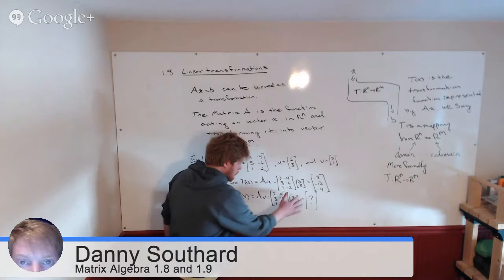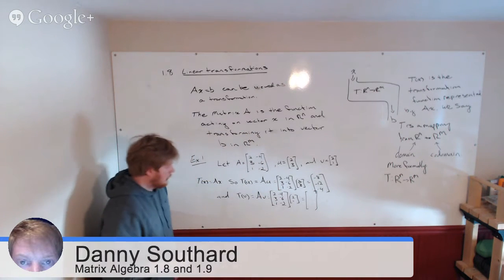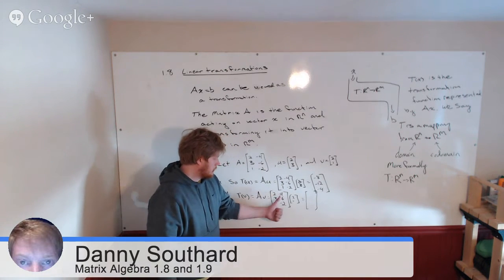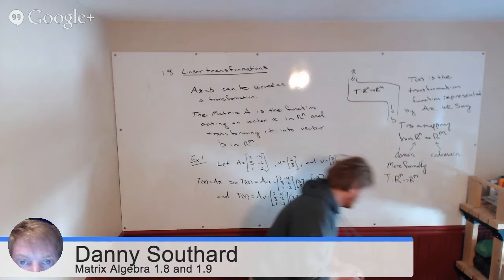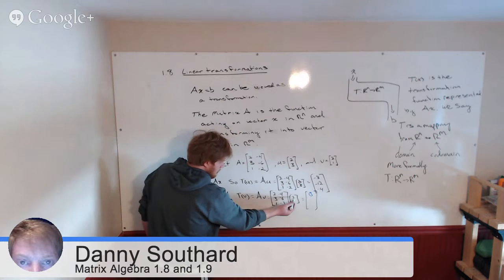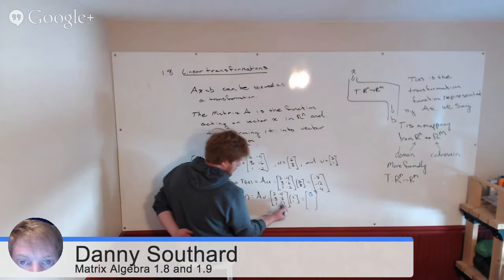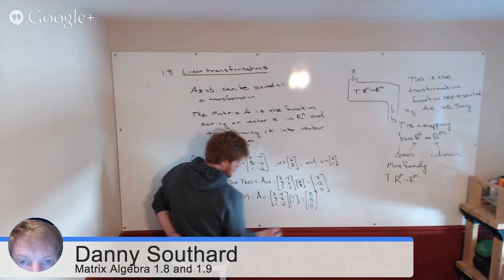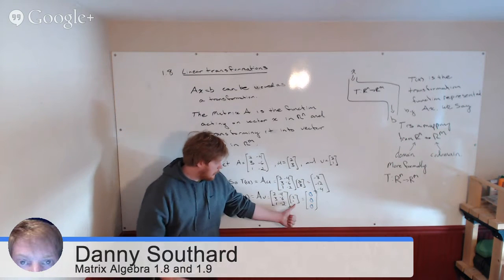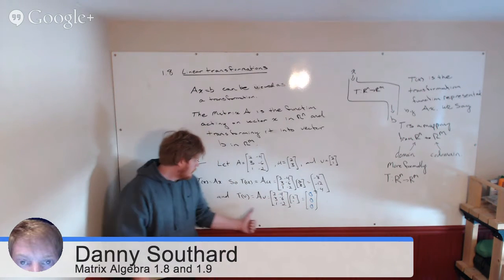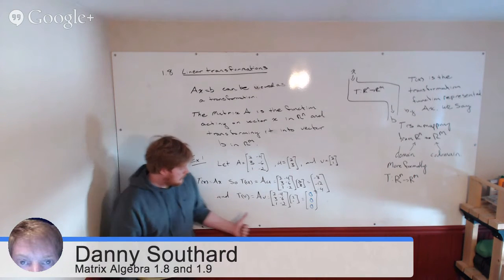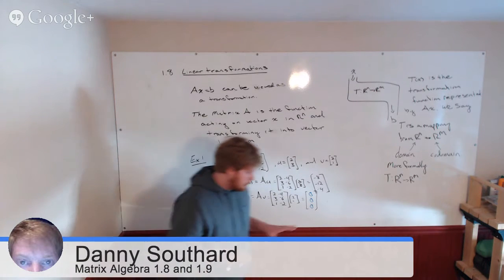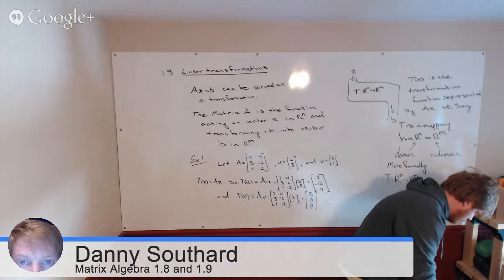Where does it go? 2 times 2 is 4, plus -4, 0. 2 times 3 is 6, plus -6 is 0. 2 times 1, 2, plus -2, 0. So the vector in R2 under the mapping T takes me to the 0 vector in R3. That's the groundwork of what we're going to be talking about today.